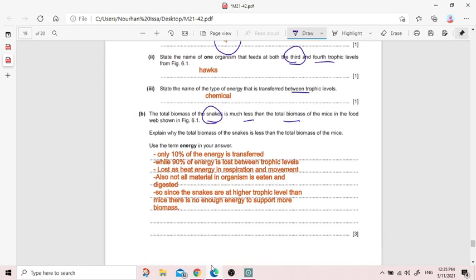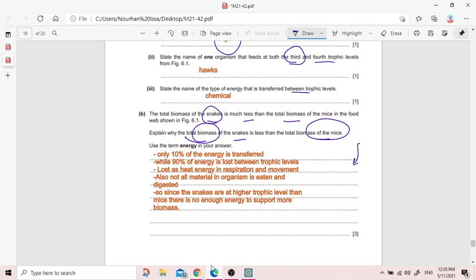Okay, this question is a very repeated question. It comes in different forms. Here he asked you, why is the total biomass of the snake less than the total biomass of the mice? Or he can ask you, why are the numbers of the snake less than the number of the mice?